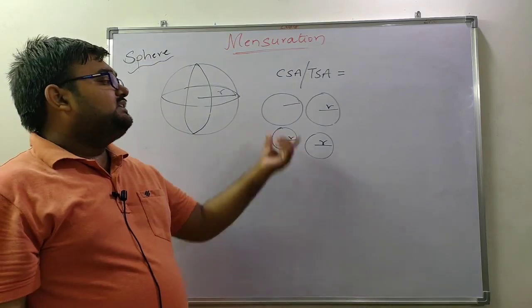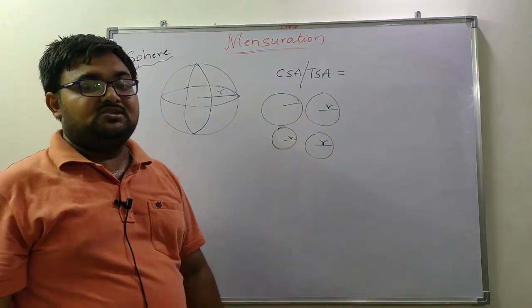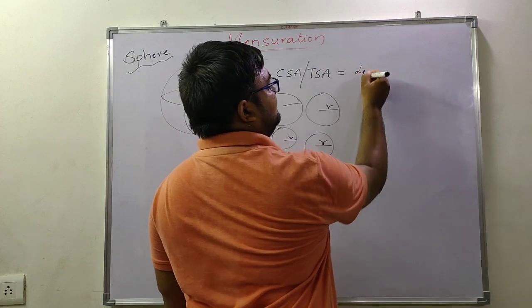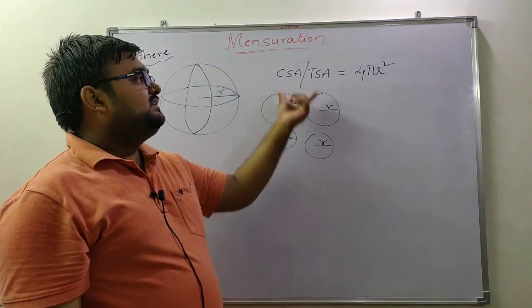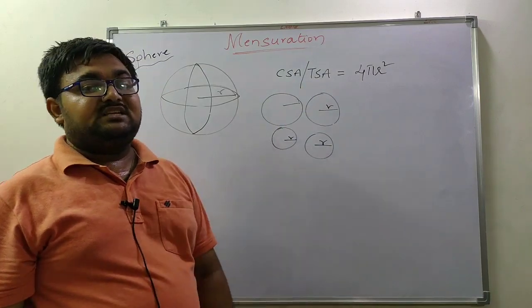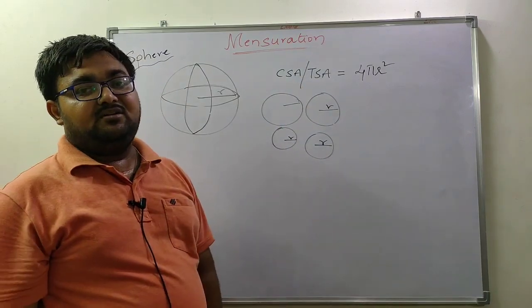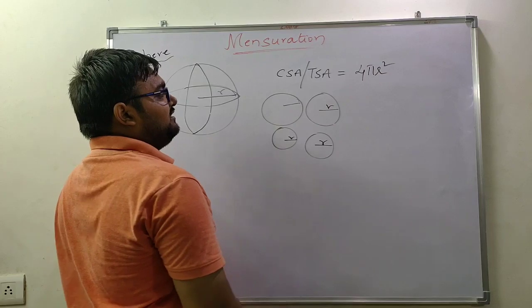So what is the area of 4 circles? The area of 4 circles is nothing but 4 pi r square. So from this, curved surface area or total surface area of sphere is given by 4 pi r square, right?